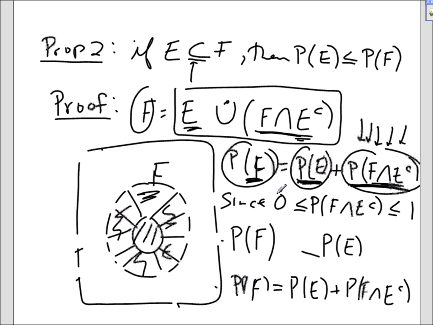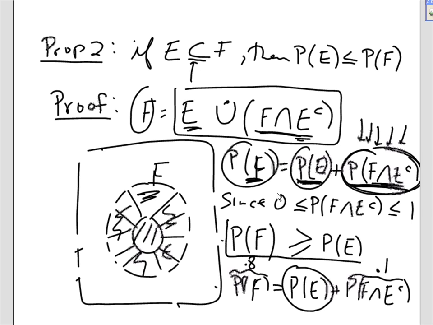Well, if P of F is, say, 0.8, and this here is 0.1, well, this has to be less than 0.8. It's 0.7. P of F is actually bigger than P of E. And like I said, it can also be equal. When P of F intersect E complement is 0, then you have equality.